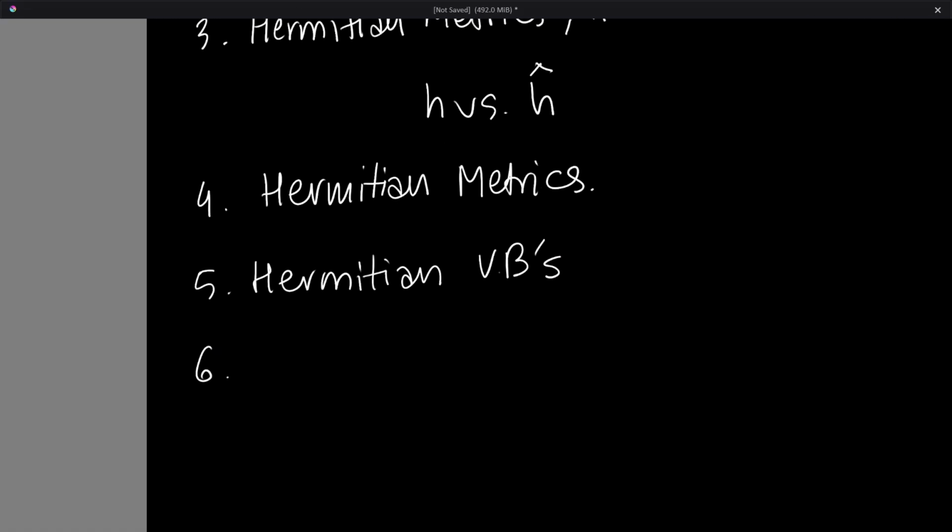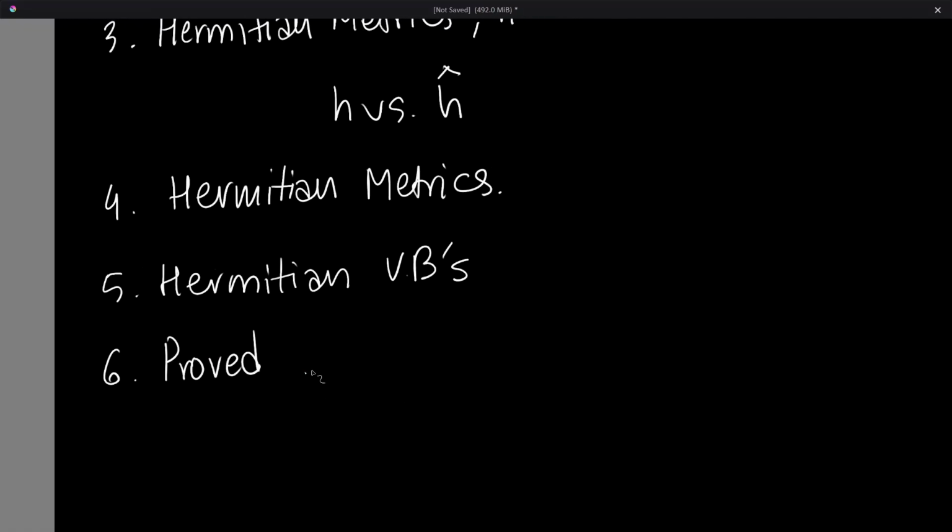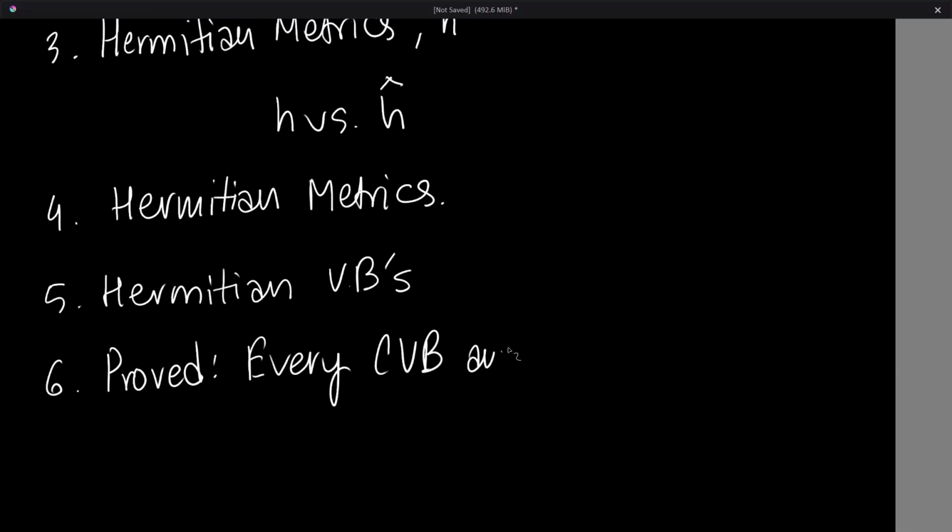Then we sketched the proof that every complex vector bundle admits a Hermitian metric.